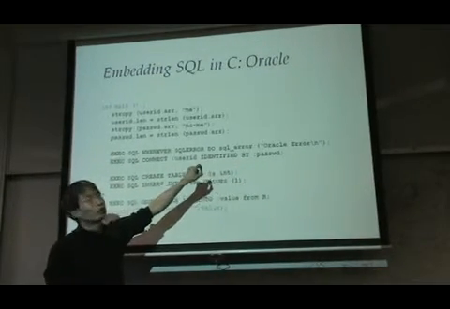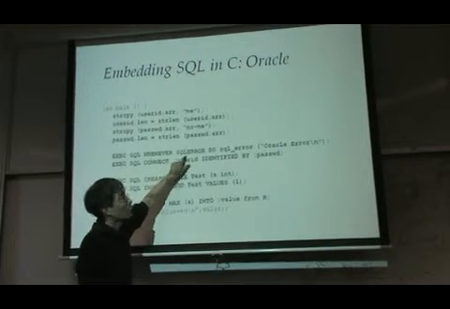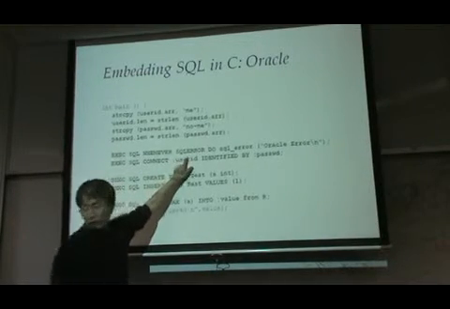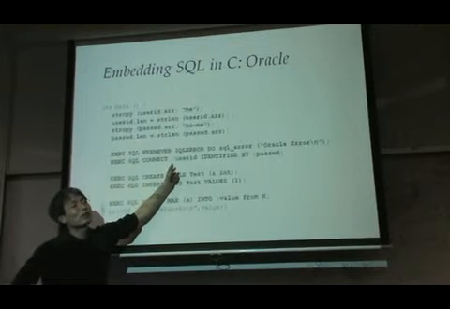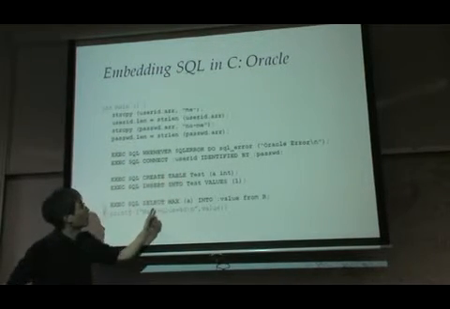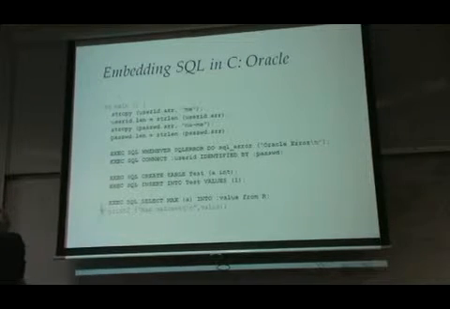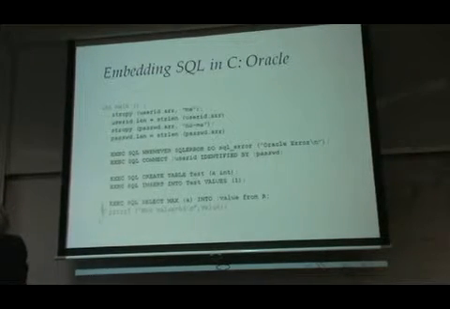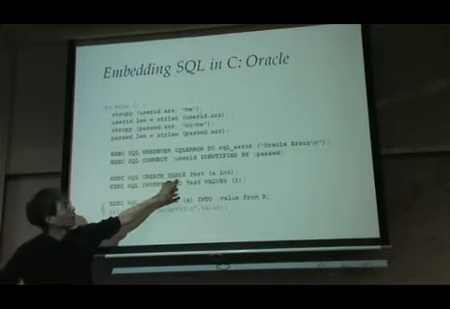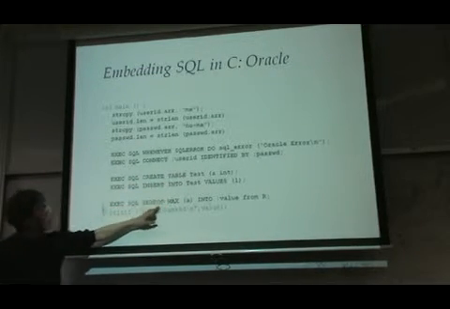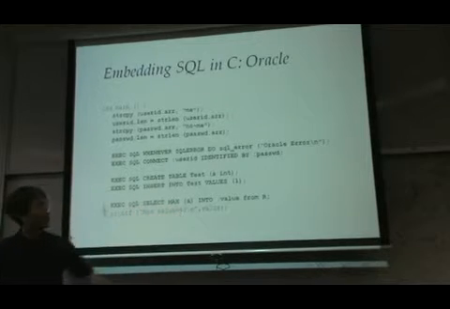In case you want to use a variable declared and initialized in this section, you need to use the colon. That's different from a host language variable. Then you can even create a table, insert data, and select.